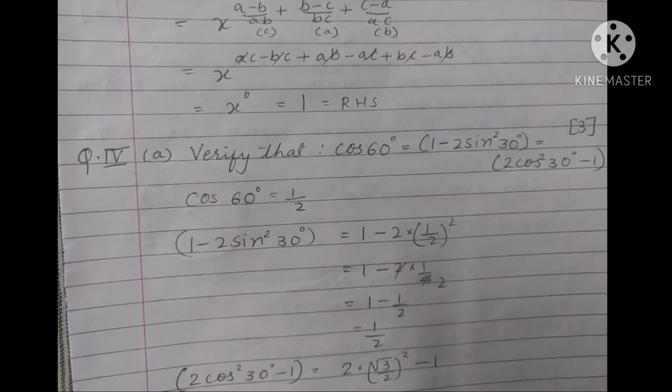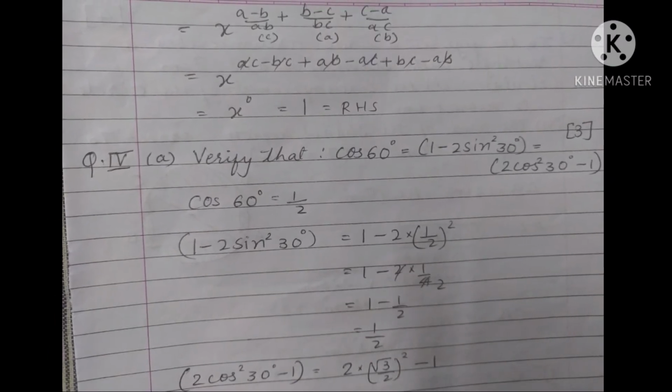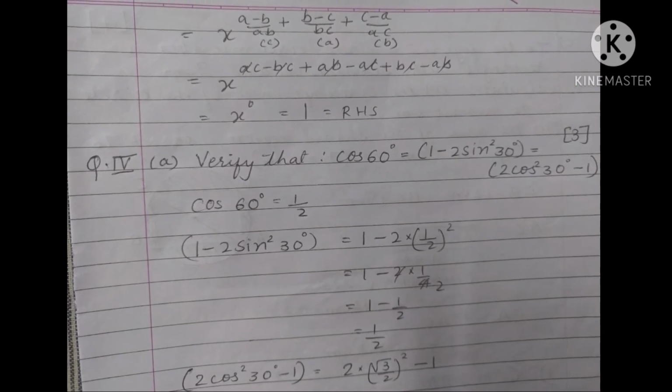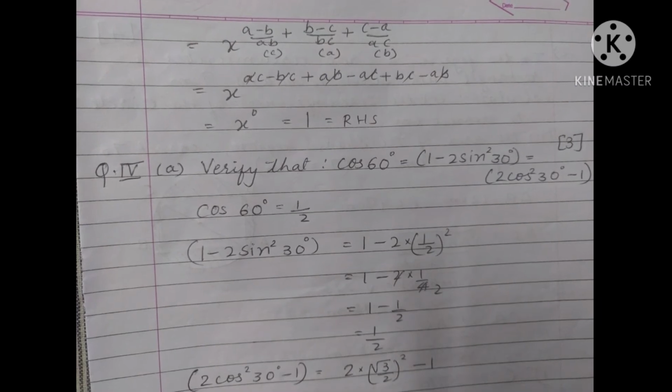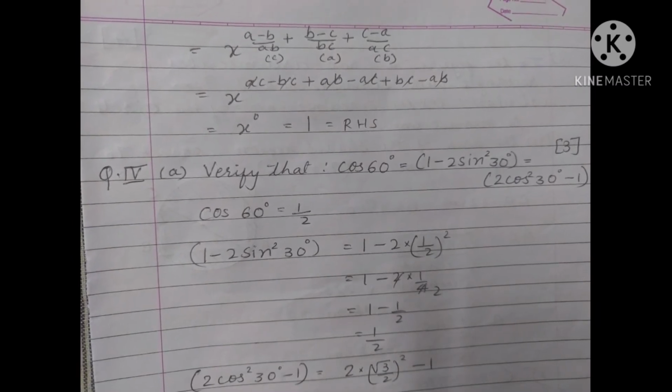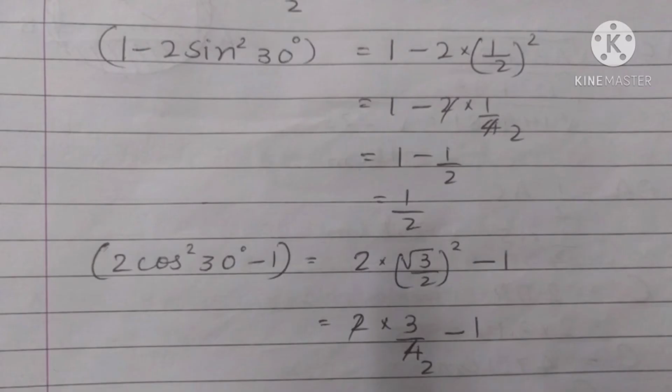Now the third part is 2 cos square 30 degree minus 1. So it is equal to 2 multiply (cos 30 value, which is root 3 by 2) square minus 1. So 2 as it is and root 3 by 2 square. So we write 3 by 4 minus 1 and 2 2s are 4.